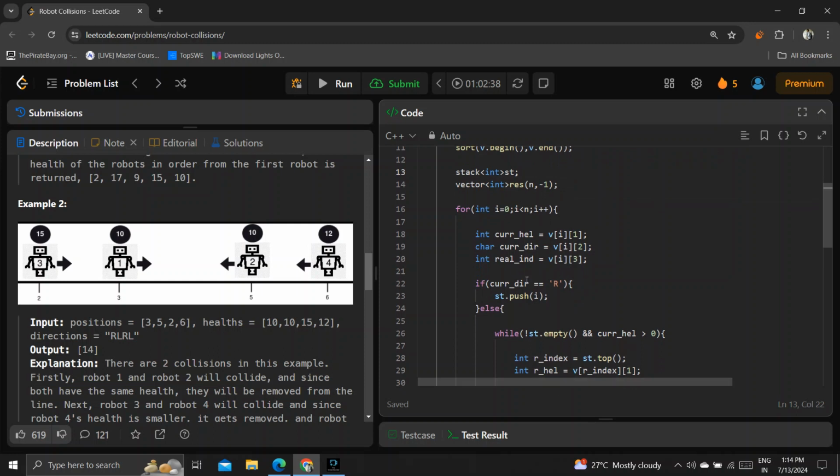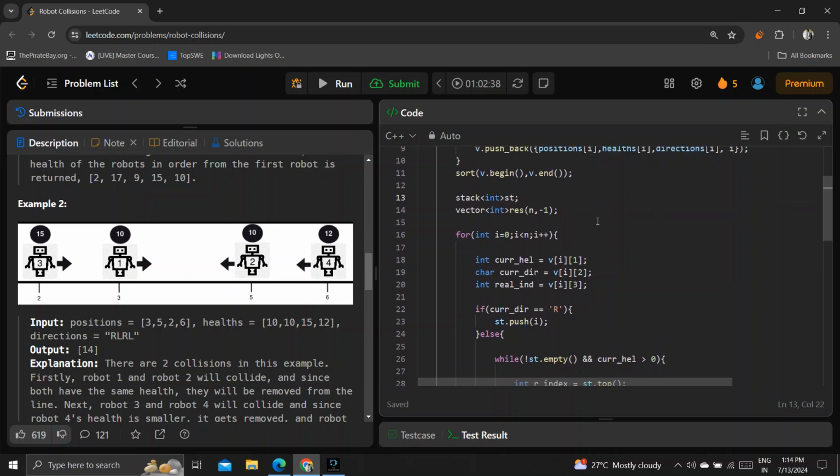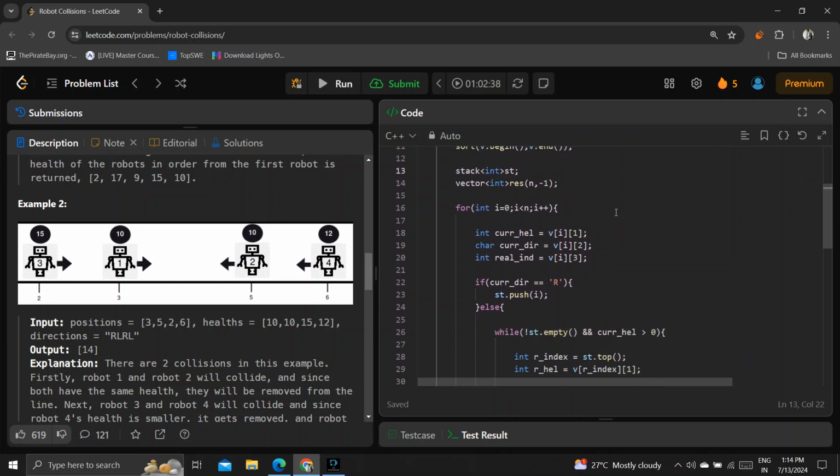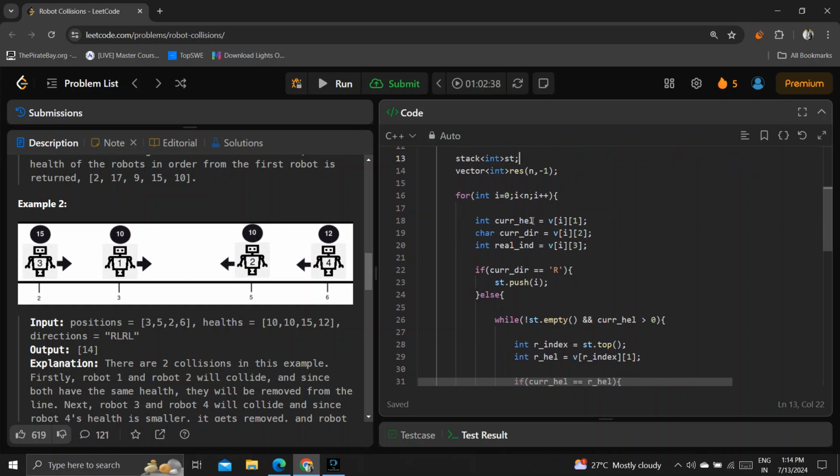Now, what we will do, we will traverse through the vector. Firstly, I am destructuring this vector's values, like i is 0: current health, current direction, and current index. I will store it into these three values.